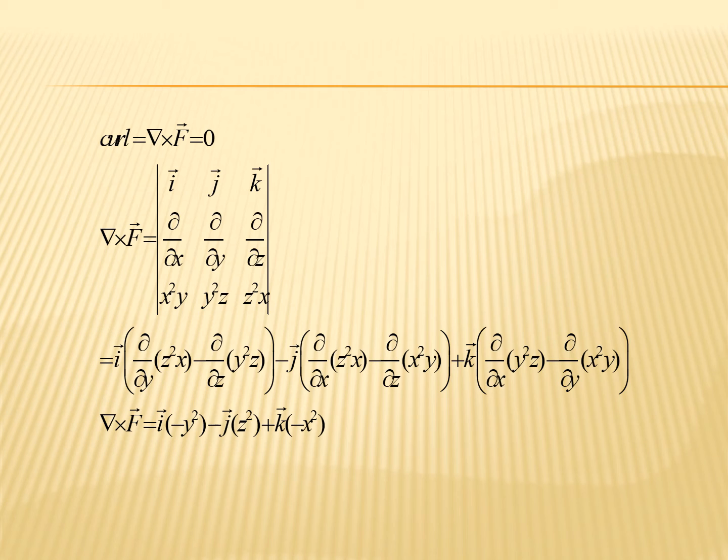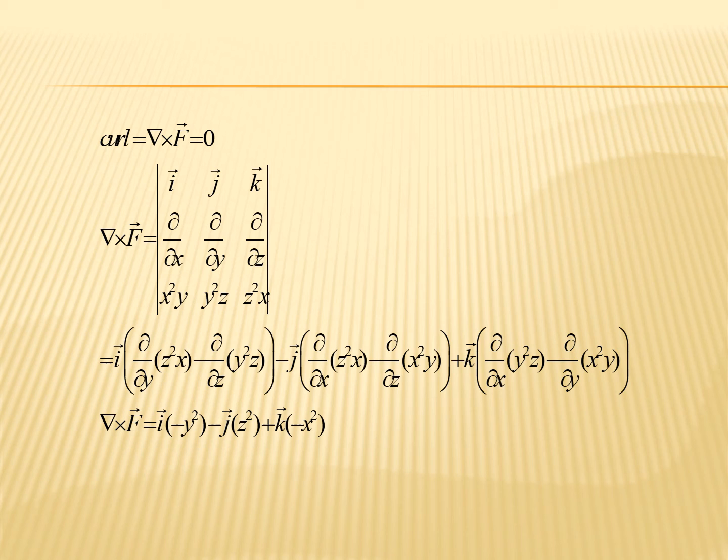Taking the j vector, I am omitting that row and column. So minus j vector into ∂/∂x of z²x minus ∂/∂z of x²y, and then the k vector, omit the row and column. You will have ∂/∂x of y²z minus ∂/∂y of x²y, like a cross product.